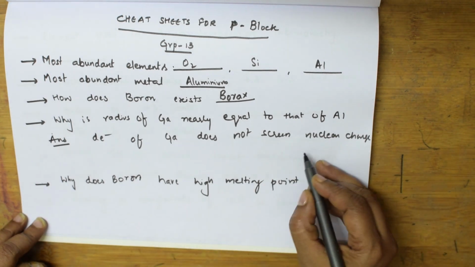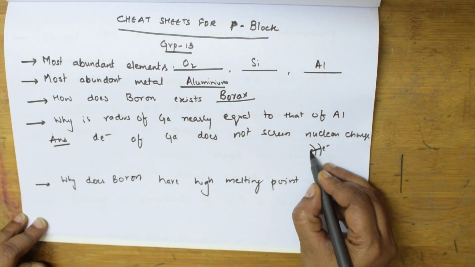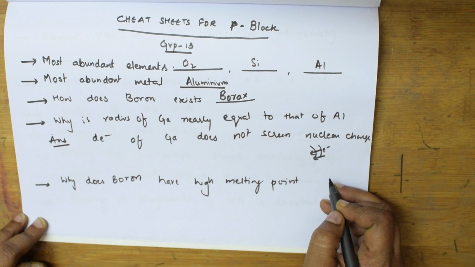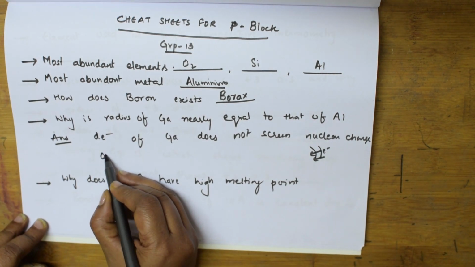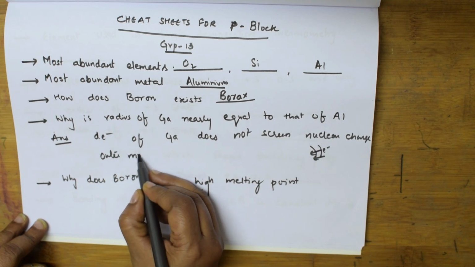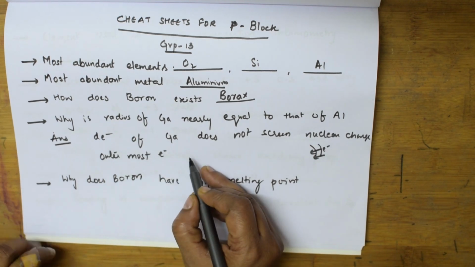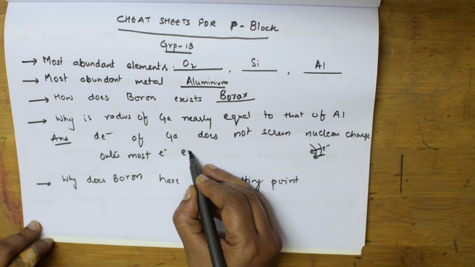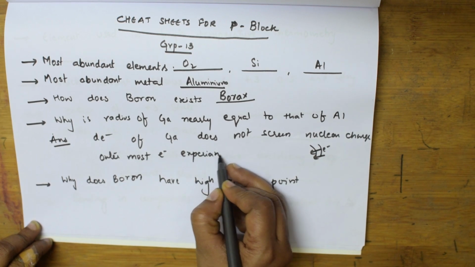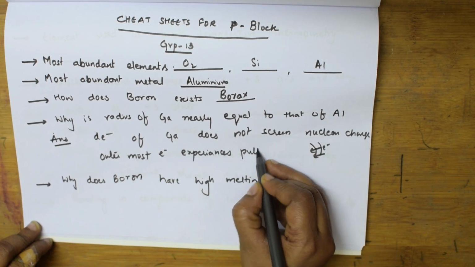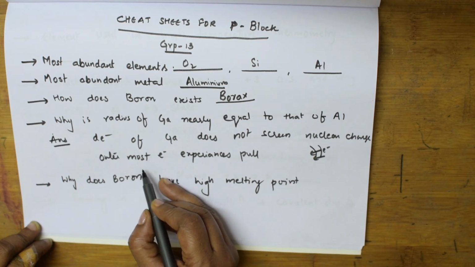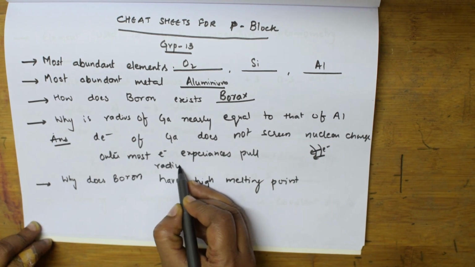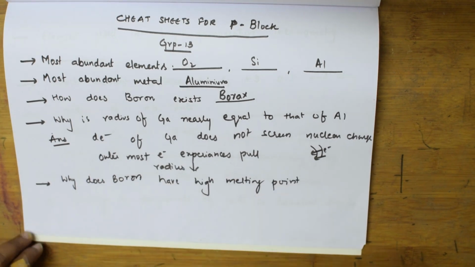The outermost electron in the outermost shell experiences more nuclear pull. What will happen then? Automatically the radius decreases. That's why both are equal.